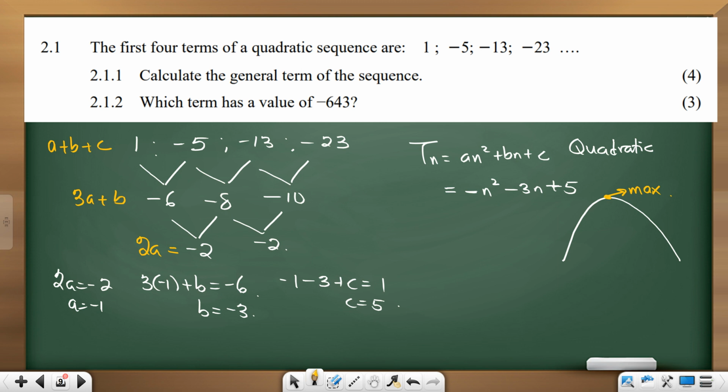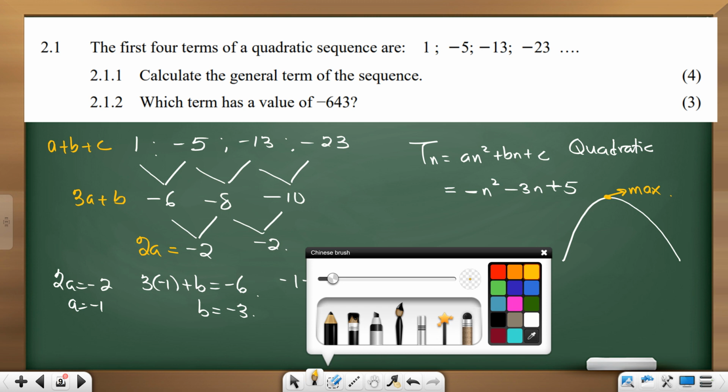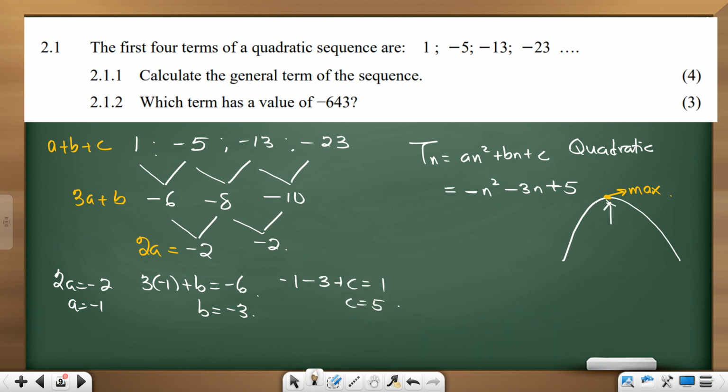How do you find the turning point of a parabola? n equals to minus b over 2a. What is our b? -3 over 2. What will this give us? Minus b, or minus 3, right? So can we say positive 3 over 2 times minus 1, minus 3 over 2.